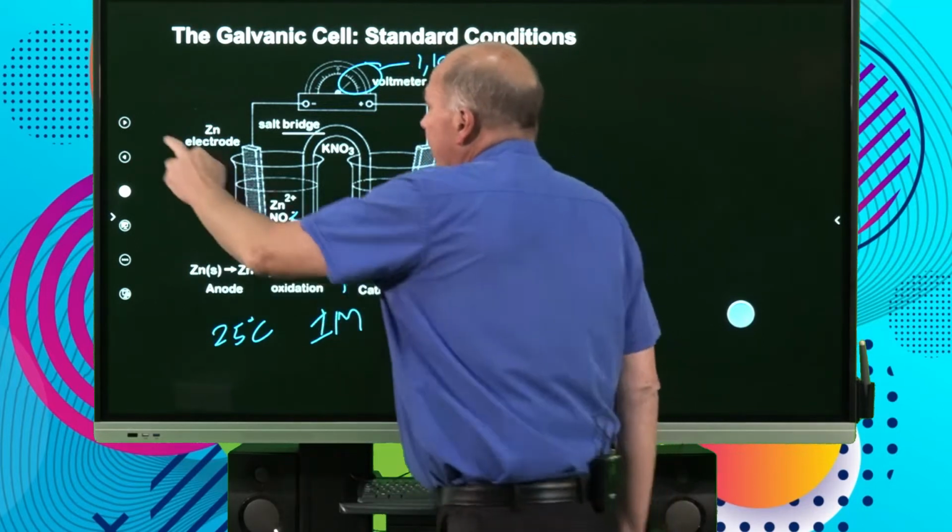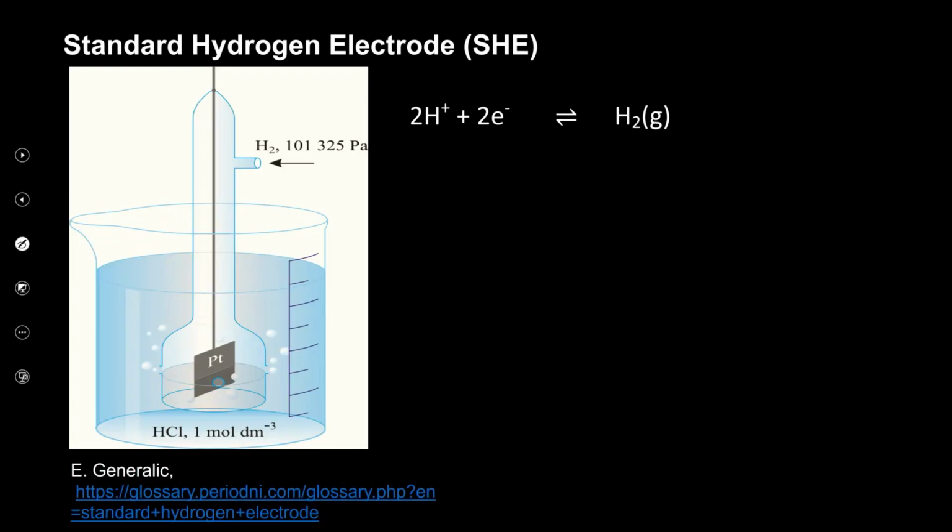Right, now let's go and look at our famous standard hydrogen electrode. Now, this hydrogen electrode, as you can see, has hydrogen coming in over here. Notice that I called it kilopascals because I divided by 100, but in fact it's 101325 pascals, same sort of thing. And it's hydrogen gas that's going in there.